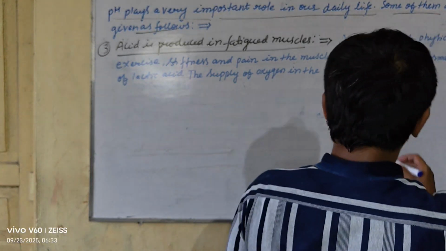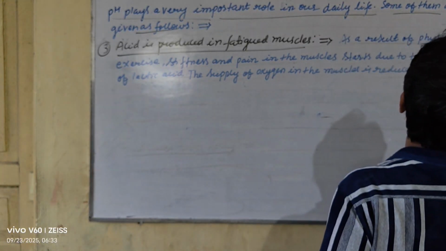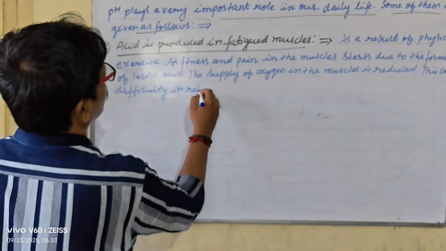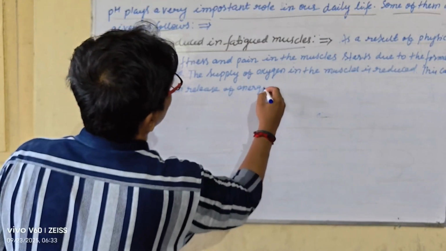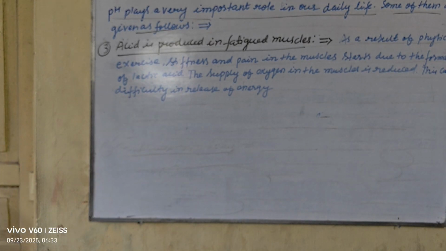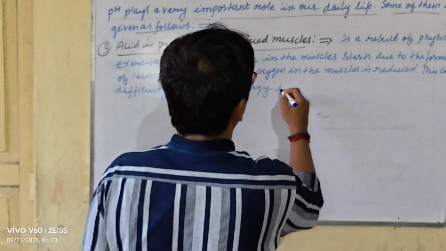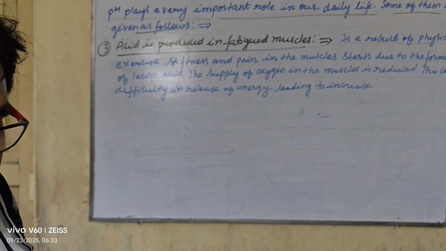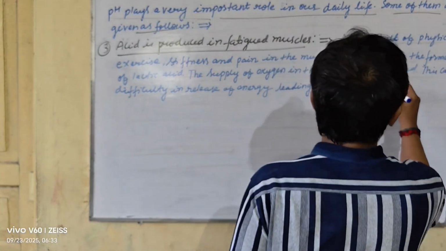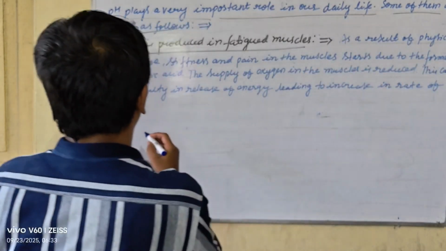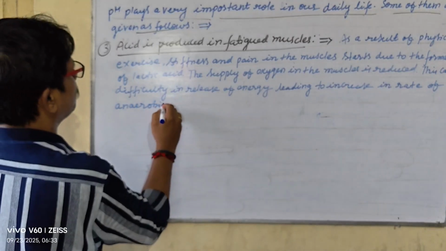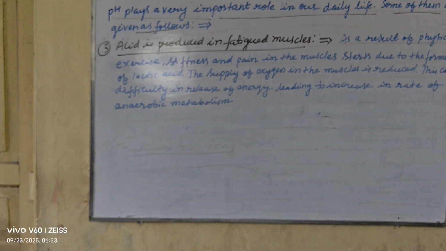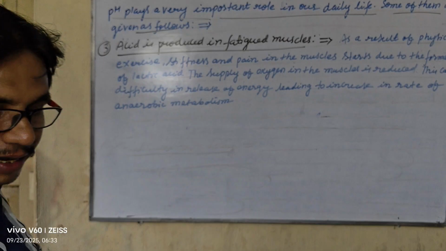This causes difficulty in release of energy, leading to an increase in the rate of anaerobic metabolism. As a result, lactic acid gets accumulated in the muscles.